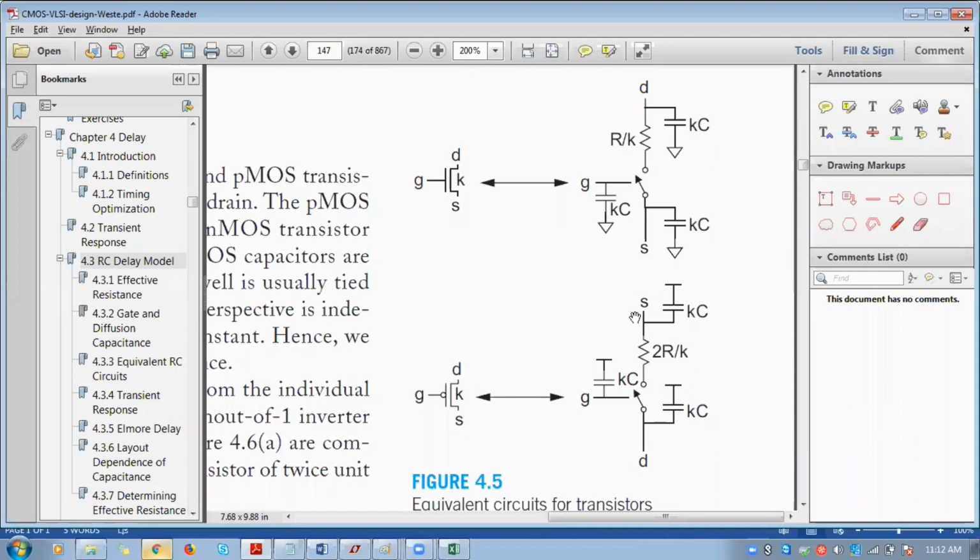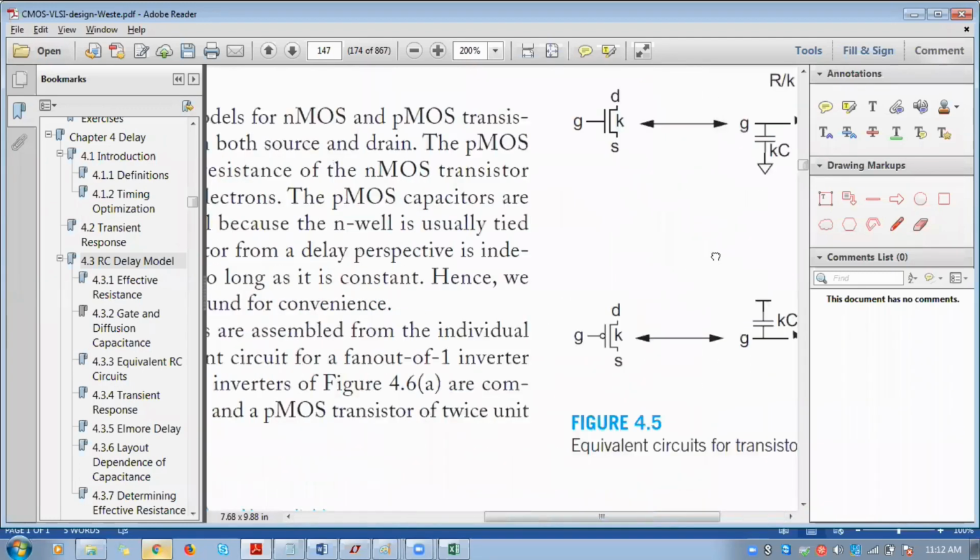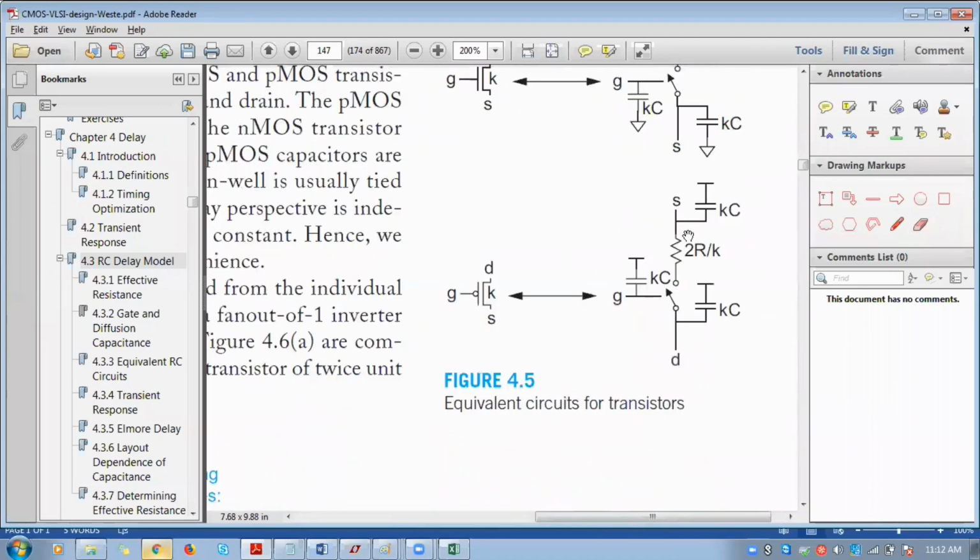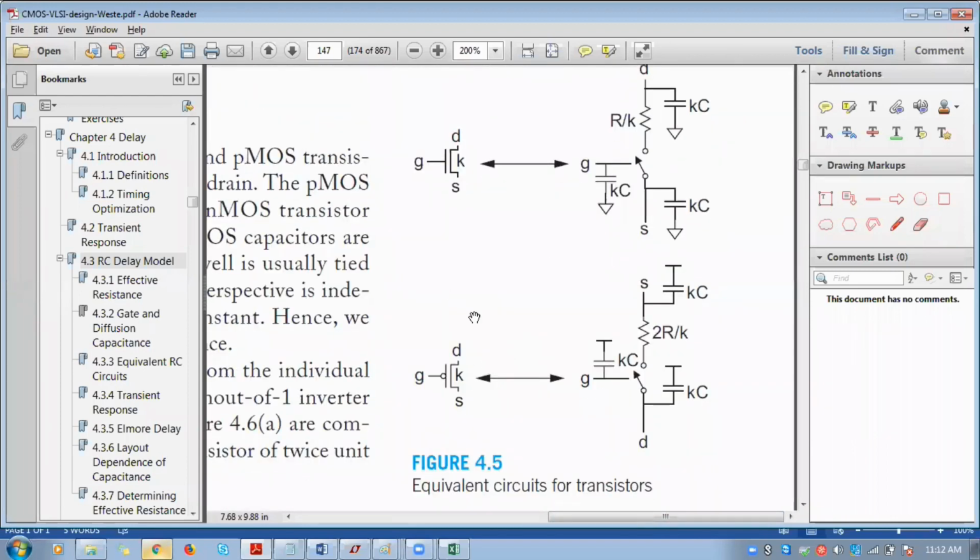Here is one condition: both the NMOS and PMOS have to drive the same output current. Then only can you calculate the resistance value. So, in order to calculate the resistance value, keep in mind that all the PMOS and NMOS connections have to deliver the same output current. And then I will tell how to calculate this K value.